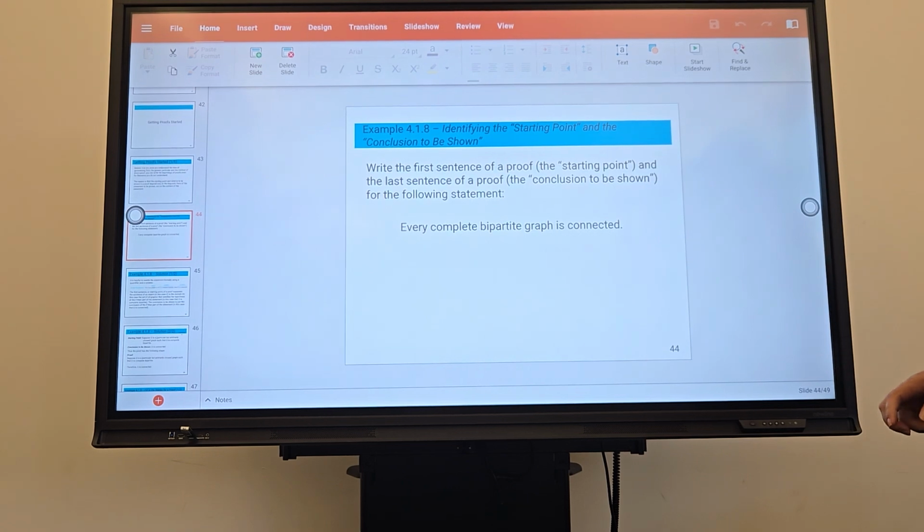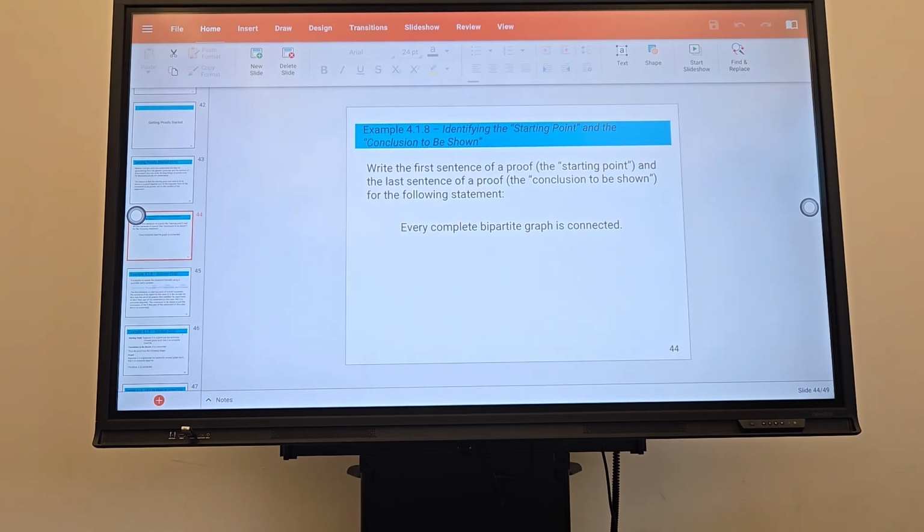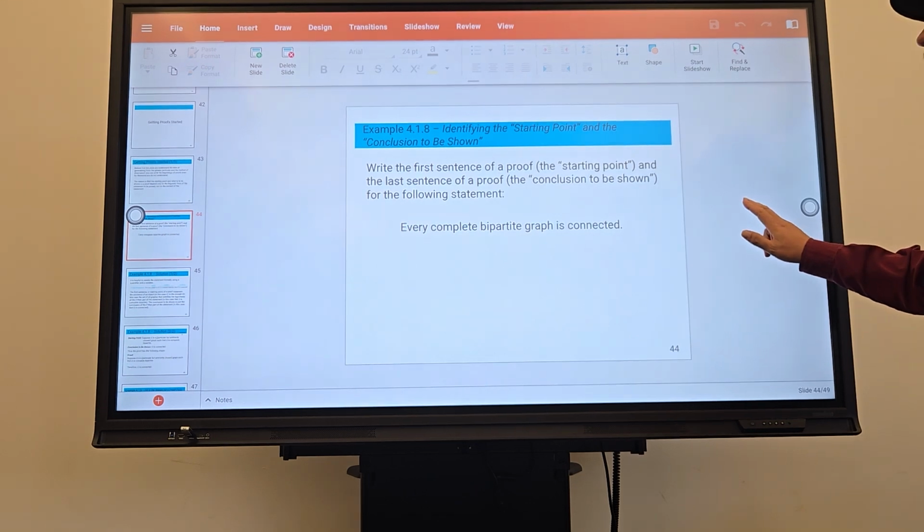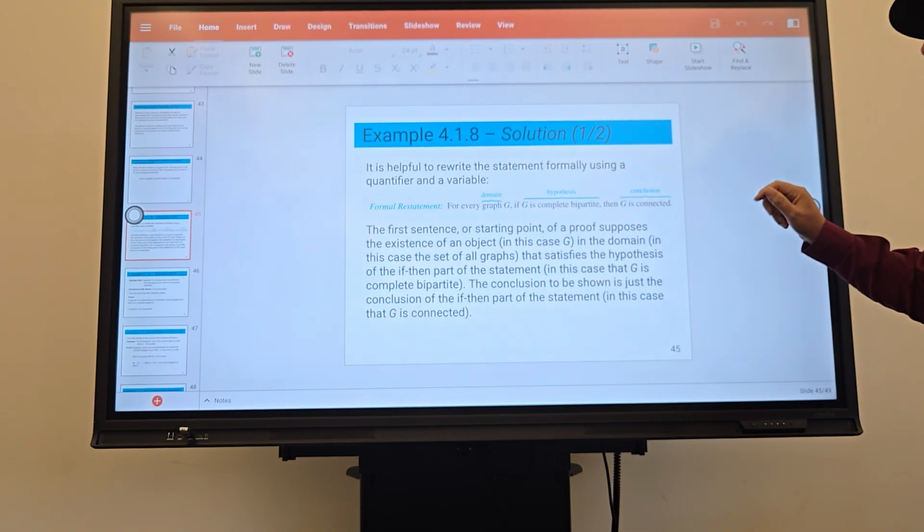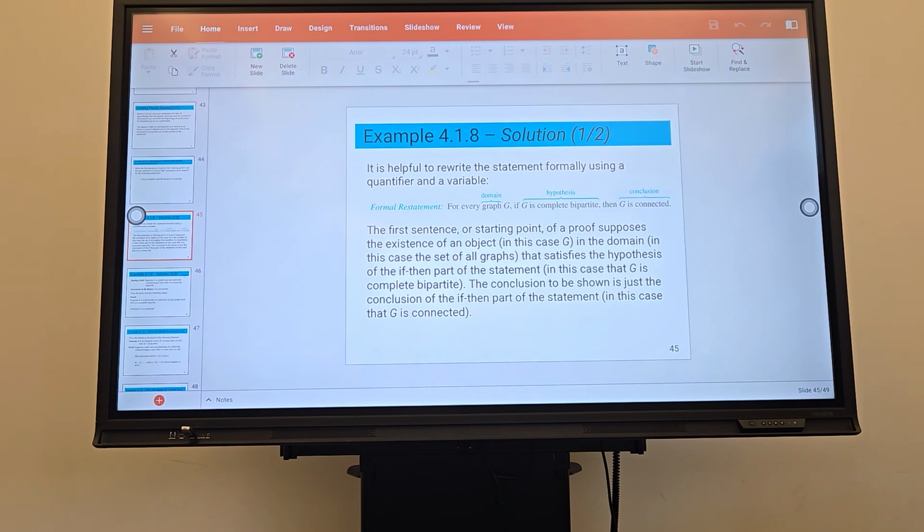So, the first sentence and the last sentence of a proof for the following statement would be: for every graph G, if G is a complete bipartite graph, then G is connected. That would be the starting point, formally restating the question.